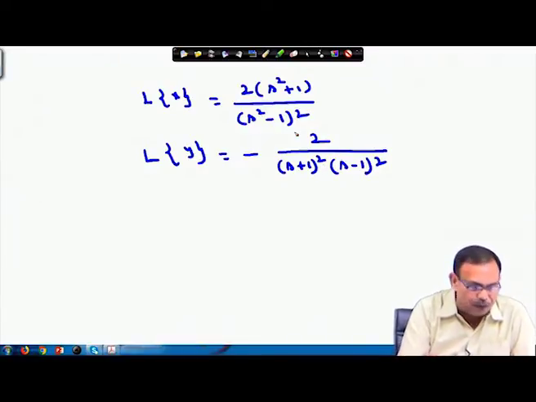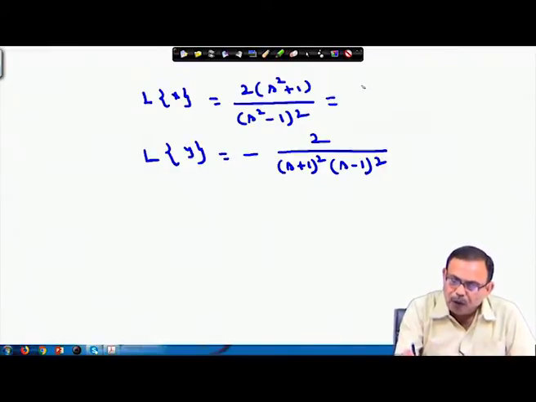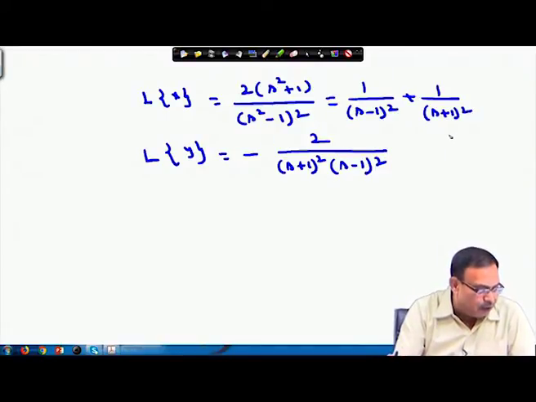So, Laplace transform of x is this thing, 2 by s square plus 1 by s square minus 1, and this I can break as 1 by s minus 1 whole square plus 1 by s plus 1 whole square, if I can break it like this always.